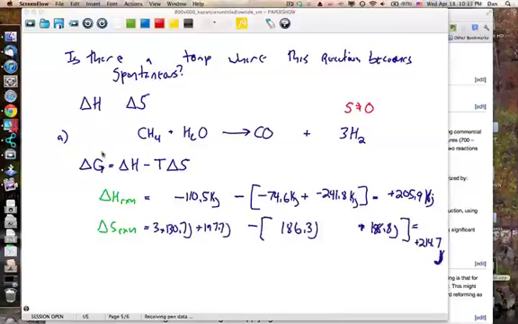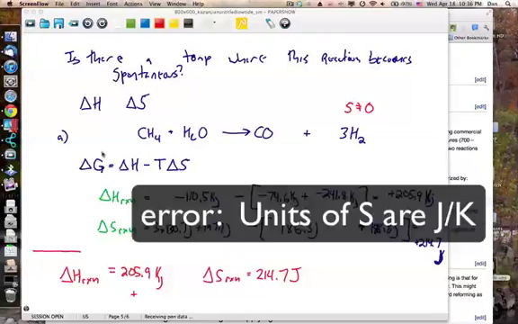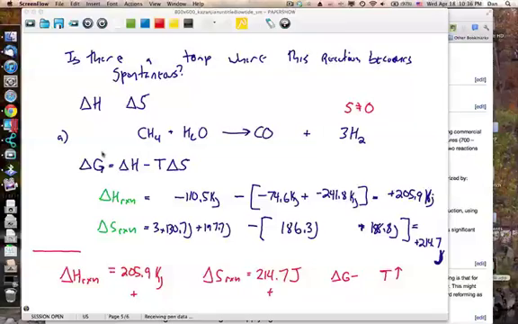If you do the calculation, you obtain the following: the delta H of the reaction for reaction A would be equal to 205.9 kilojoules, and the delta S of the reaction would be 214.7 joules.